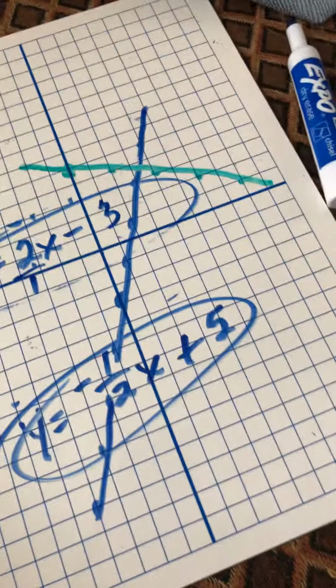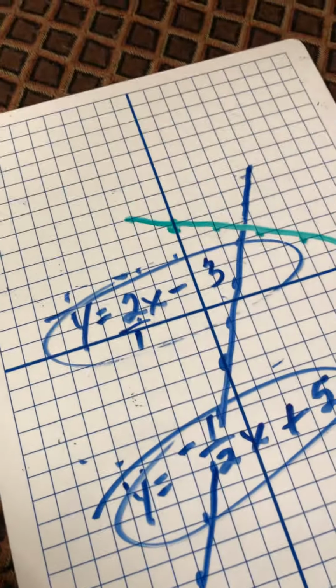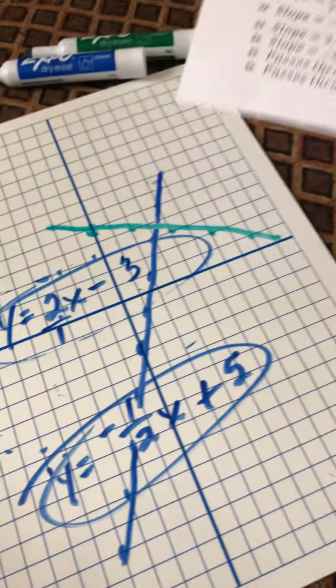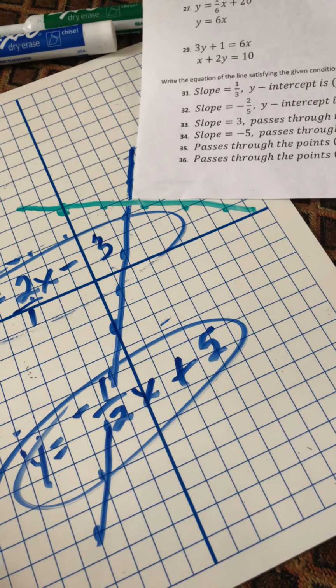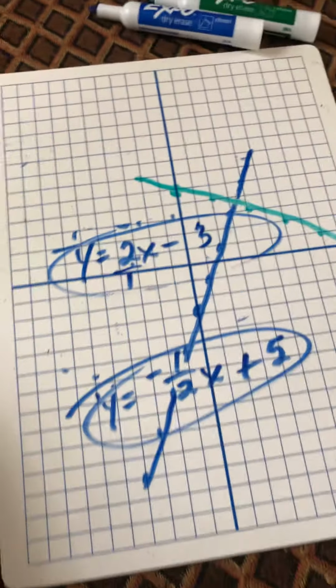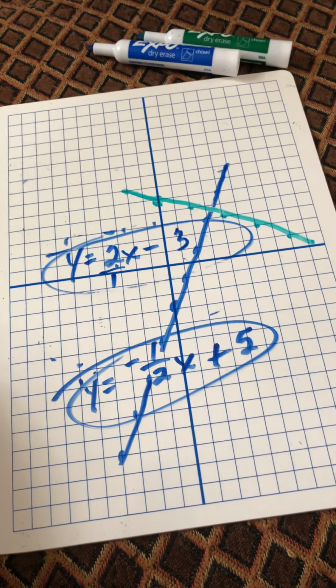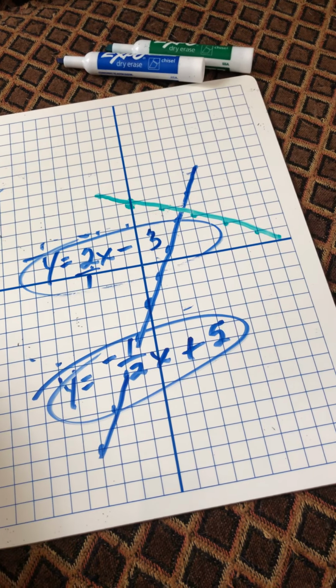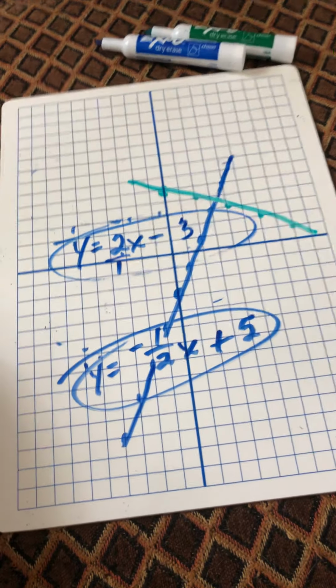I want you to see that they're perpendicular. Matter of fact, I'm going to slide a sheet of paper in there. Those lines are perpendicular. Now, it's interesting to see what you notice about the slope is going to cause them to be that way. Connect Math does a nice job of that for you.